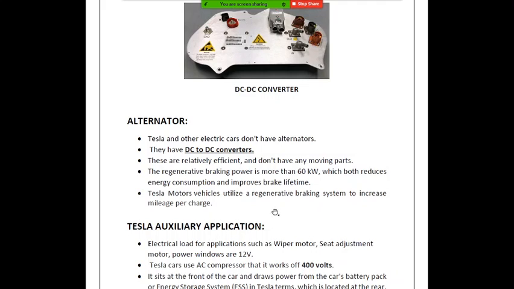So in the Tesla Model S, the regenerative braking system is used. Normally, Tesla motors utilize regenerative braking for the increase in the mileage. Normally we don't say mileage in electric vehicles, it's called range.